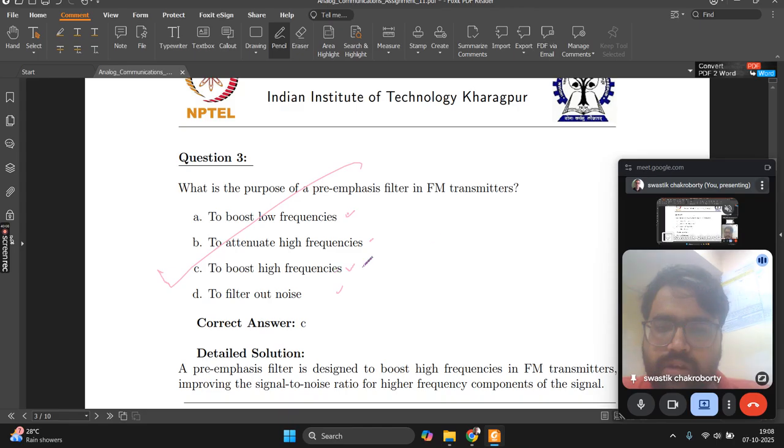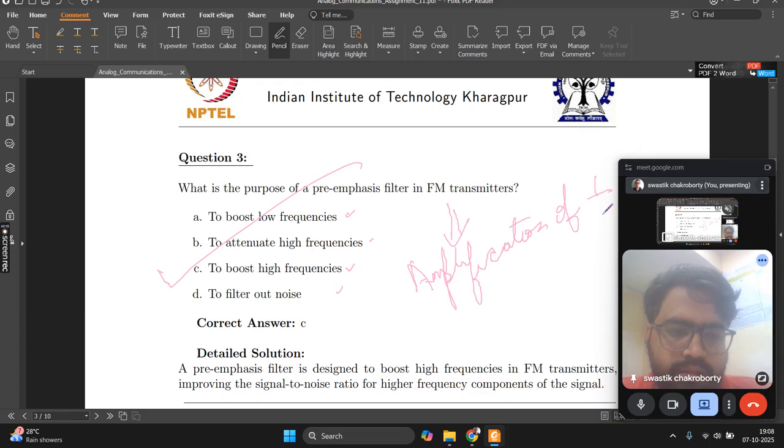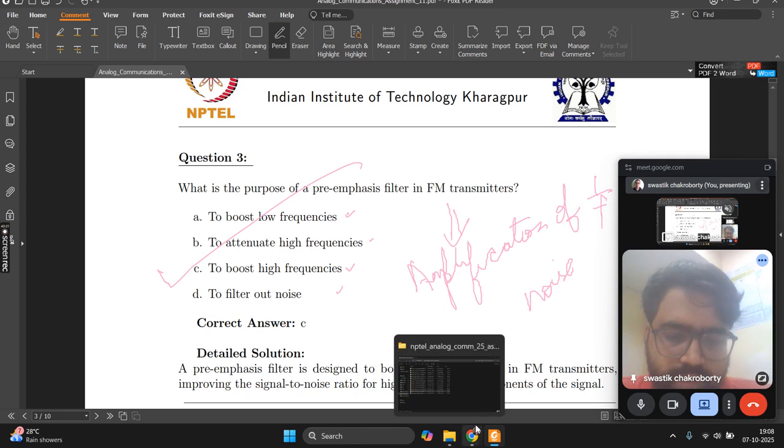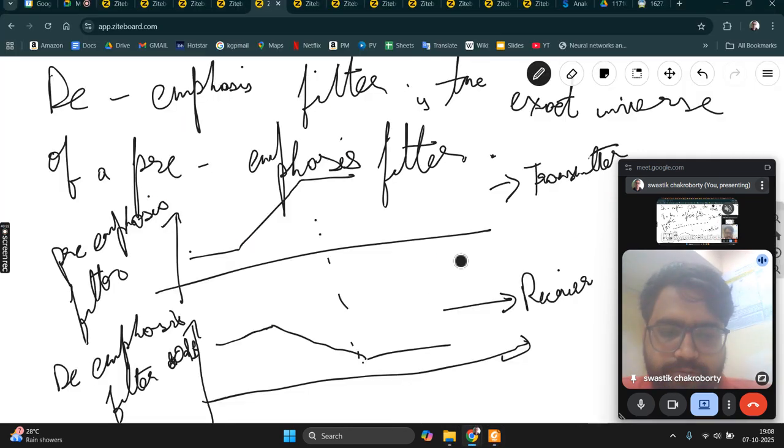Now one disadvantage of this pre-emphasis filter is the amplification of 1 by f noise at higher frequencies. They are due to the parasitic capacitances. There is a special type of noise called the 1 by f noise.